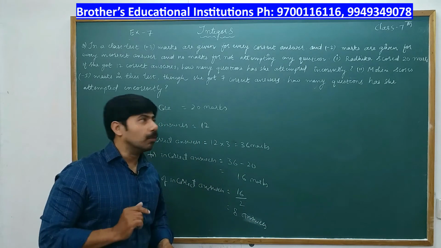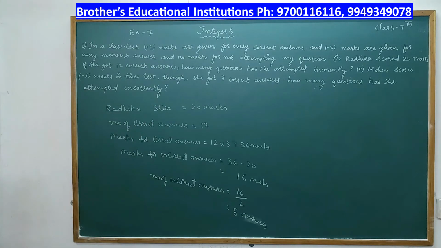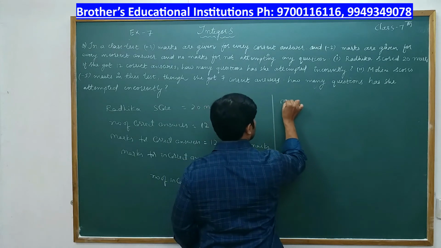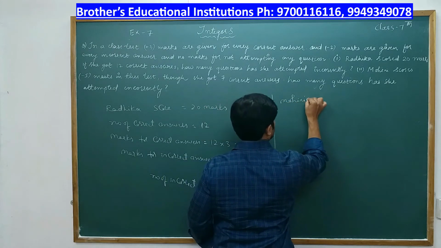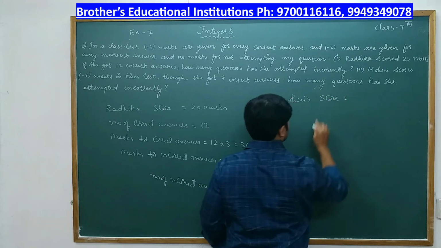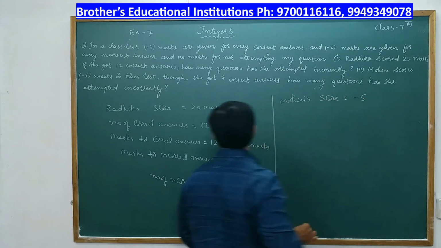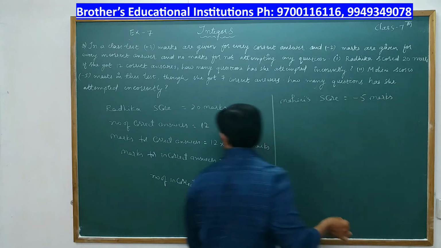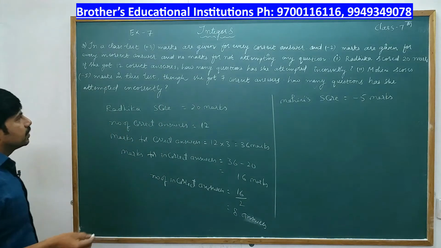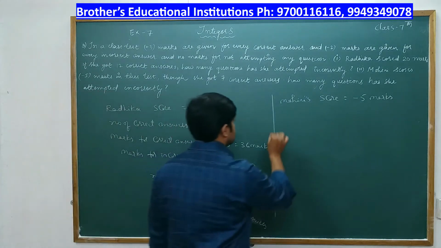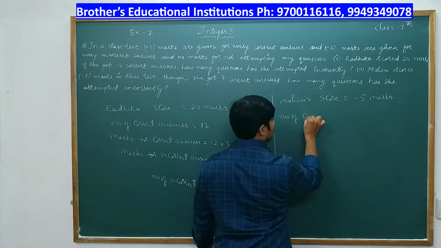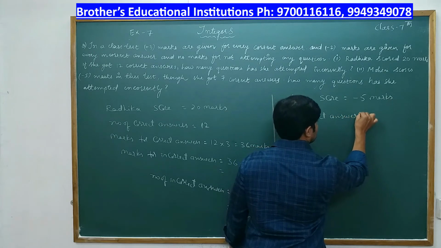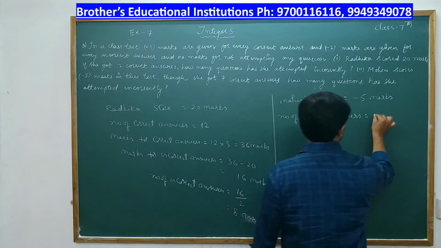Now the next is about Mohini. Mohini scores minus 5 marks. So we write Mohini's score: minus 5 marks. Then the number of correct answers. She got 7 correct answers. So the number of correct answers is 7.